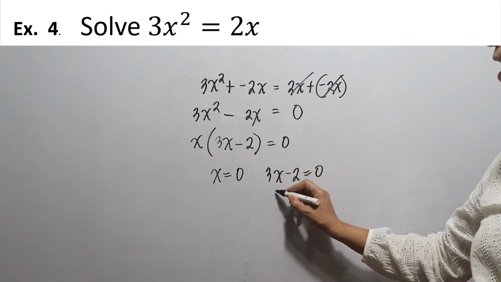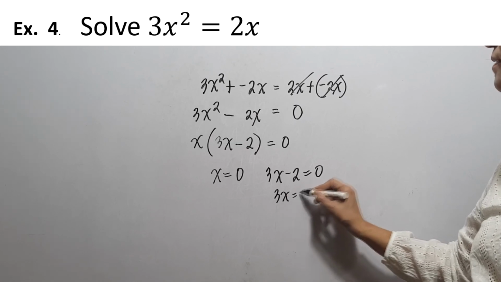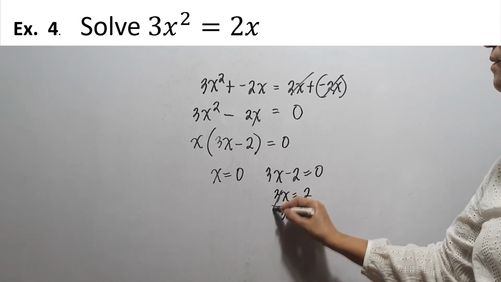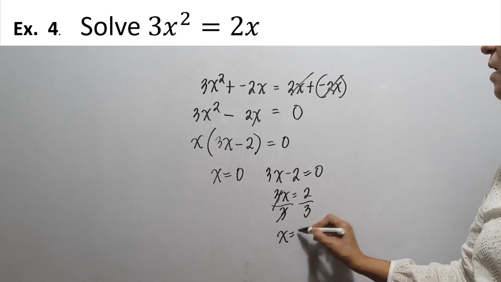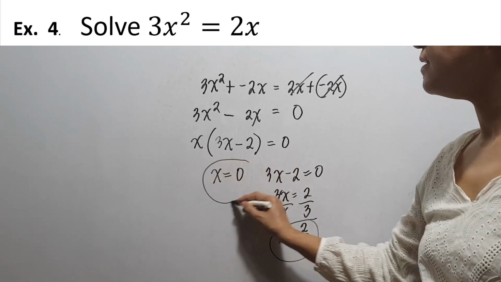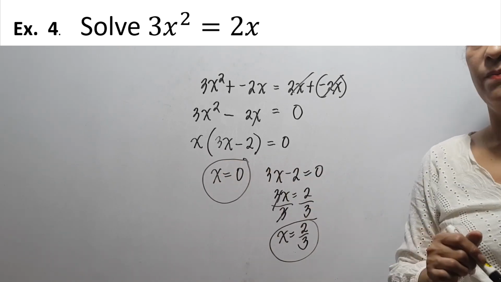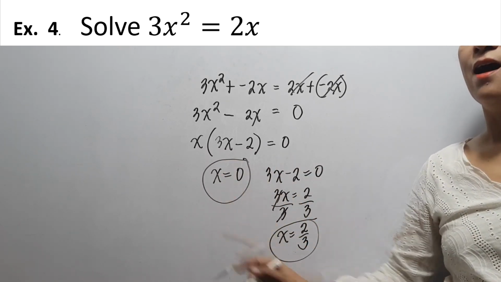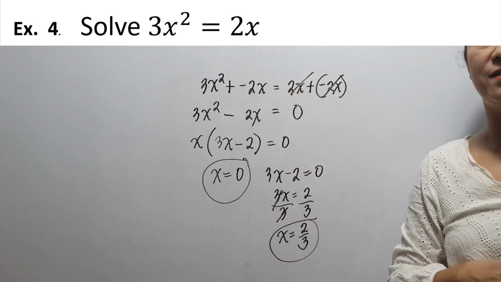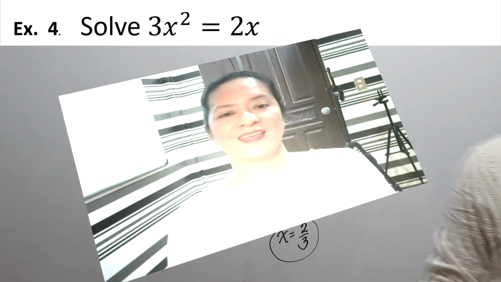To solve for x, 3x is equal to 2, divided by 3, divided by 3. So, x is equal to 2/3. Tapos, x is equal to 0. So, these are the solutions of the given quadratic equation.